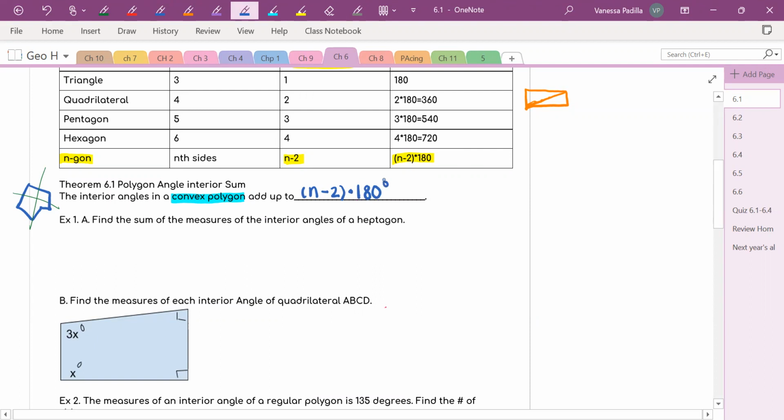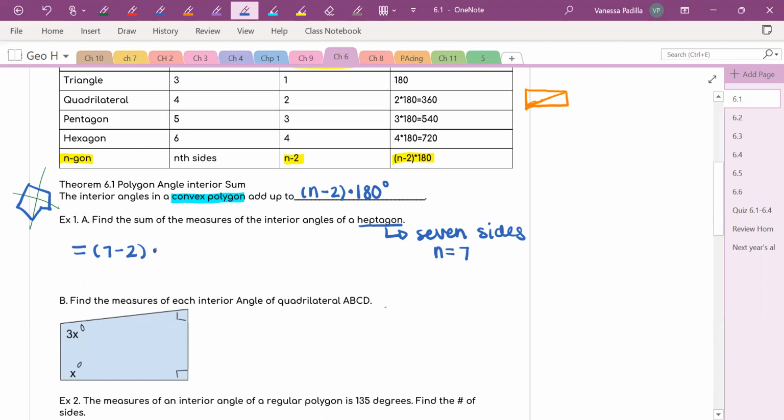So for example number 1, it says, find the sum of the measures of the interior angles of a heptagon, and that is 7. So that has 7 sides. If that has 7 sides, that just means n is equal to 7. So if we plug it in, 7 minus 2 times 180.